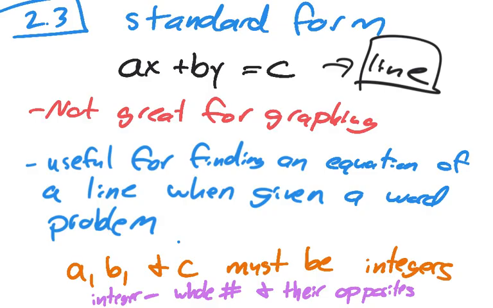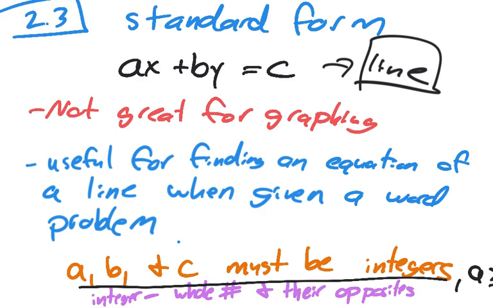Everybody good with that? So A, B, and C must be integers. Again, back to our rules. There's one more rule. A has to be greater than 0. Maybe it's greater than or equal to. Let's go with A has to be greater than or equal to 0. What does that mean?